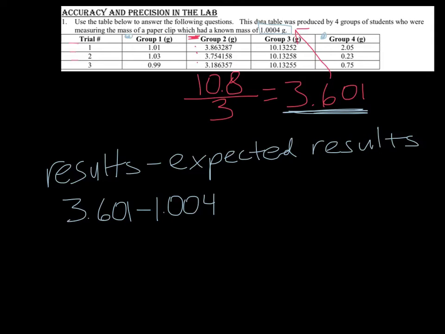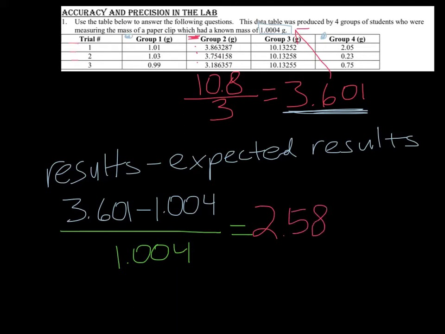So in order to find percent error, we take our error and we divide it by the expected results. So divided by 1.004. So for group 2, their percent error by averaging all their measurements is 2.587. But this is actually in decimal form. We're not actually at a percent yet. We have to multiply by 100.